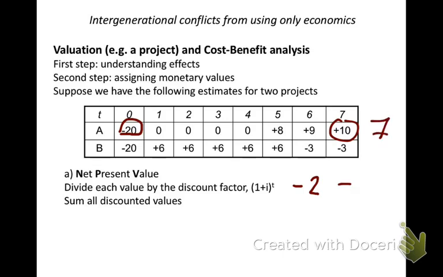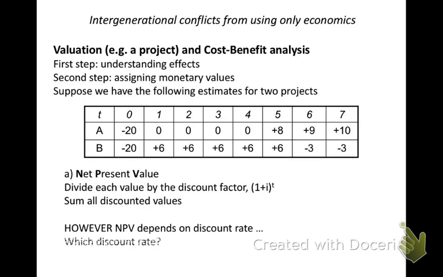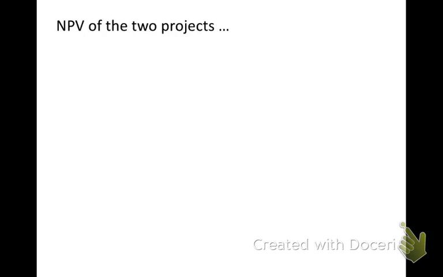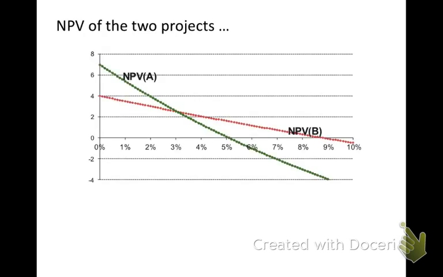So the sum of all costs and benefits is 7 in one case and 4 in the other case, if we don't use a discount rate. And so we can repeat this for all the discount rates, and then we have these two different profiles.